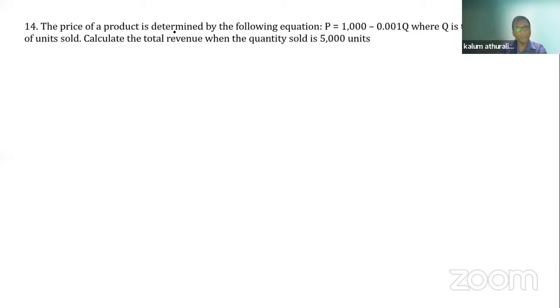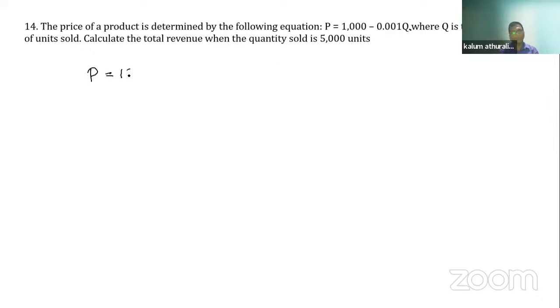The price of the product is determined by the following equation: P equals 1000 minus 0.001 Q, where Q is the number of units sold. Calculate the total revenue when the quantity sold is 5,000 units. It's simple.